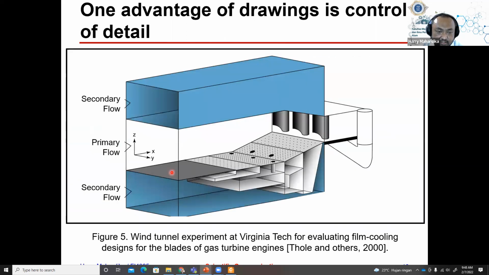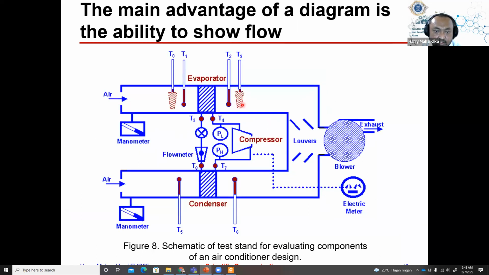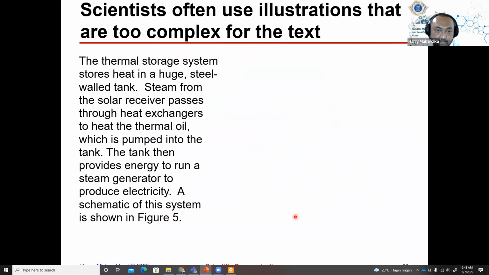These are also an example of how a machine schematic is produced. And here also is the flow of air inside the machine, which also shows the schematic of this machine.